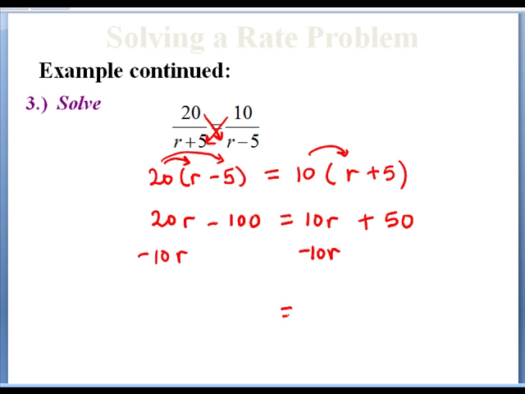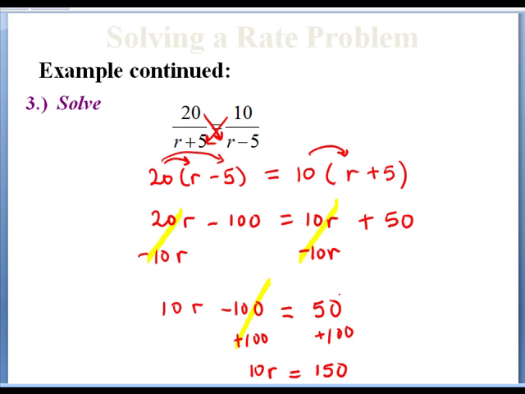So we have 10r minus 100 equal to 50. This cancels out, and here we have 10r. Now I add 100 to both sides. This cancels out, and we have 150 equal to 10r.